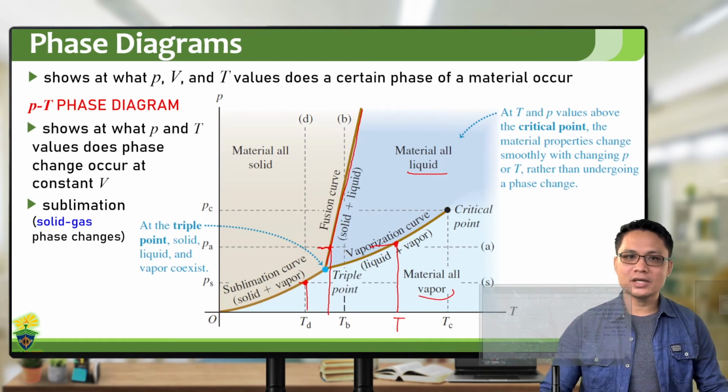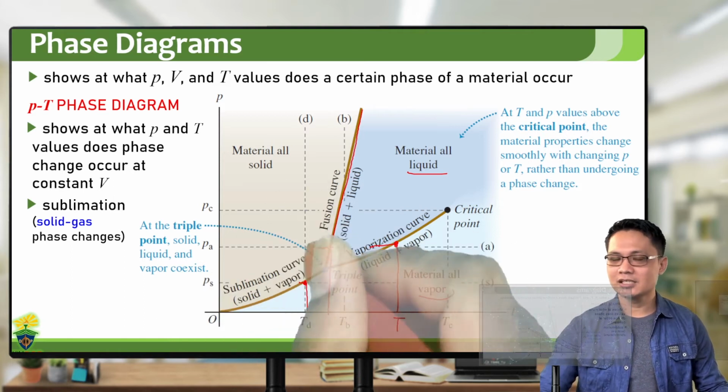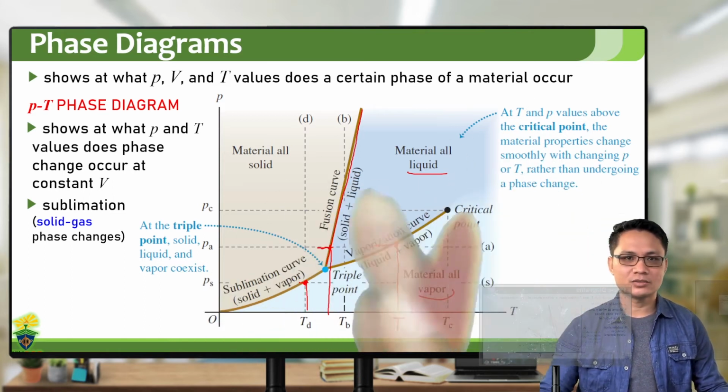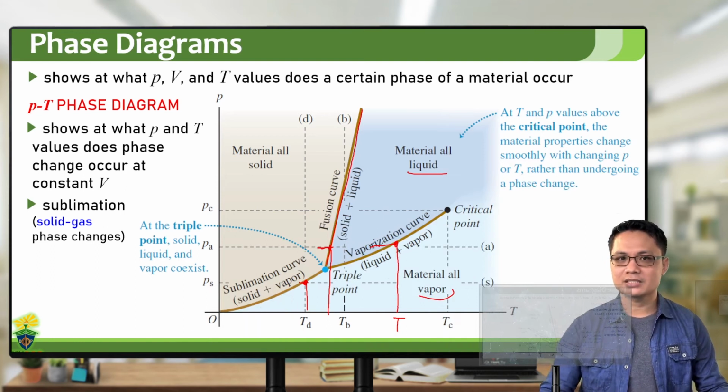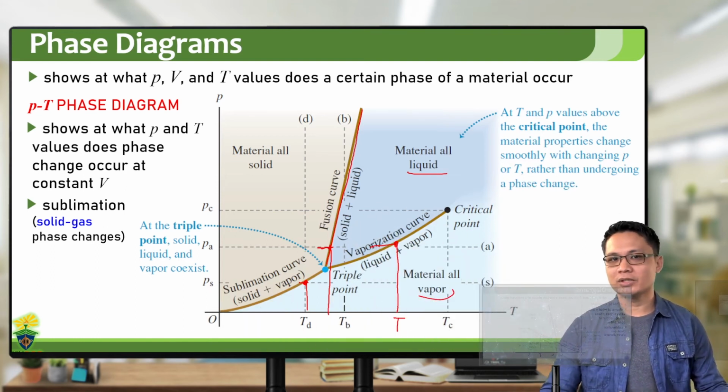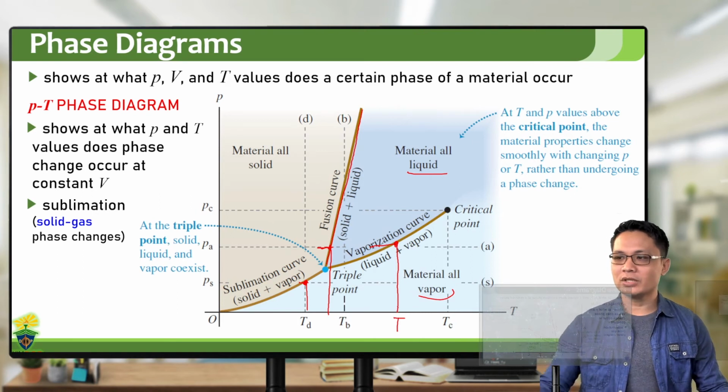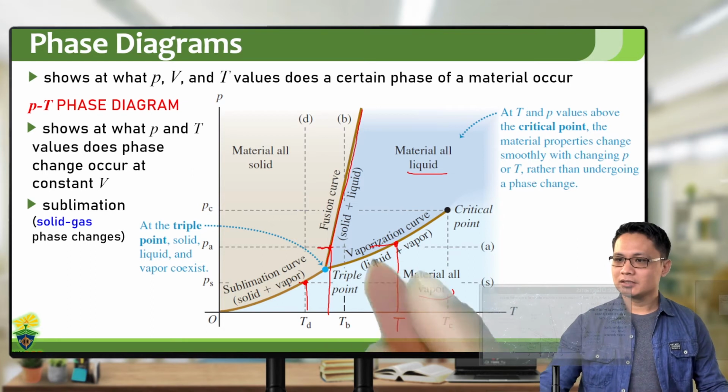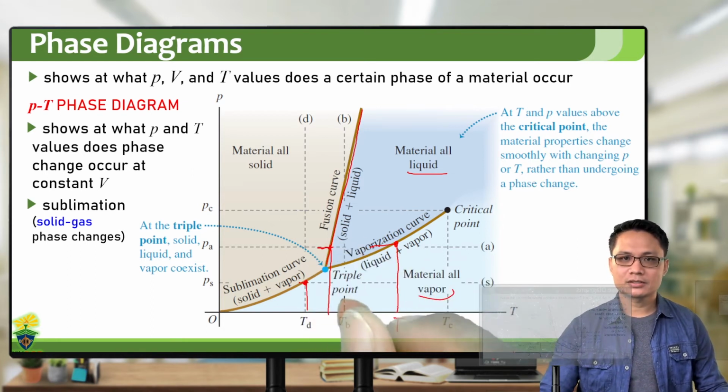Though it goes beyond the discussion of our course, the phases of matter are not limited only to solid, liquid, and vapor or gas phase. There is what we call the supercritical fluid, which is a fluid that goes beyond the value of the critical point.